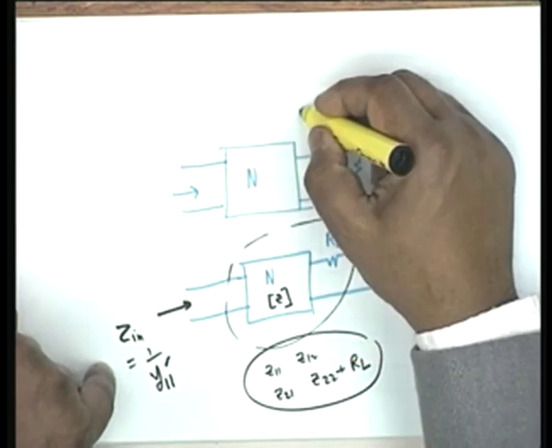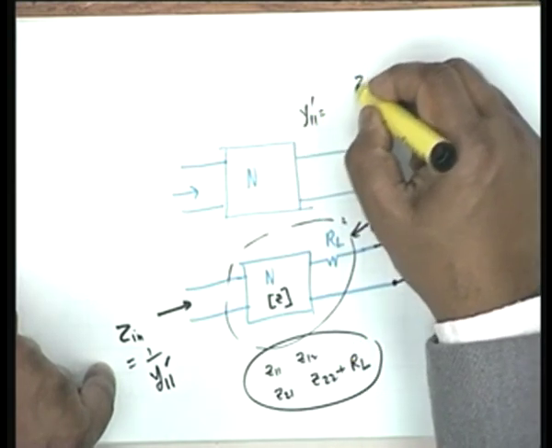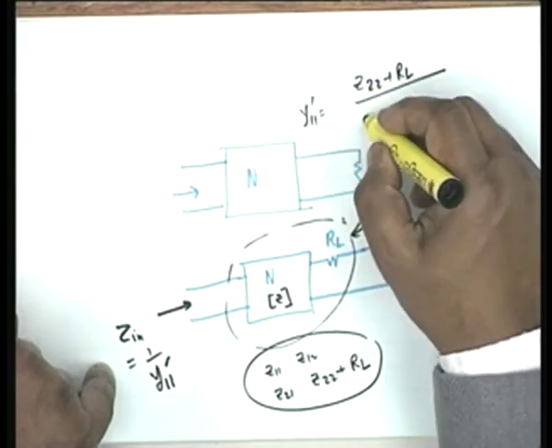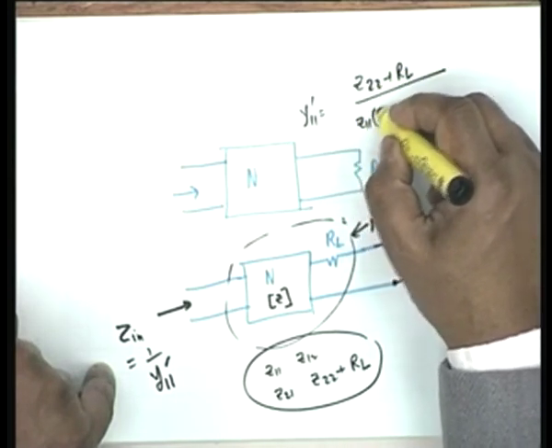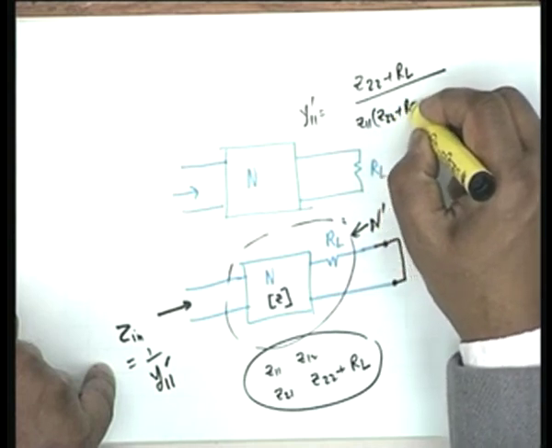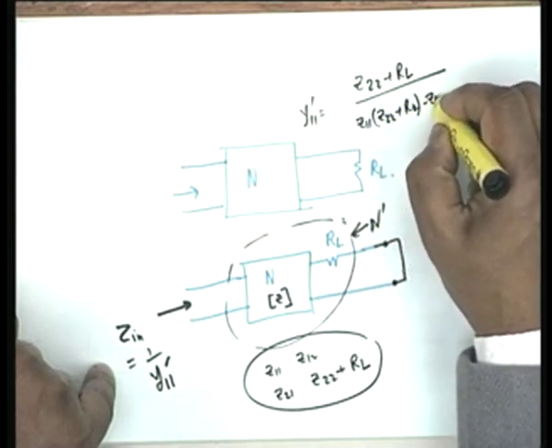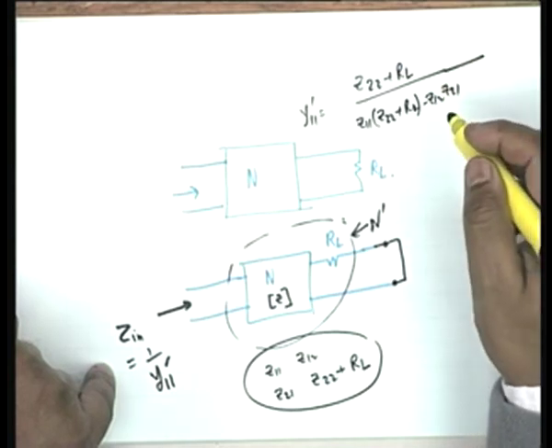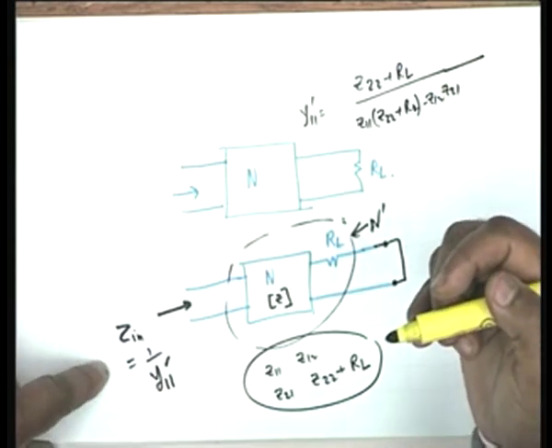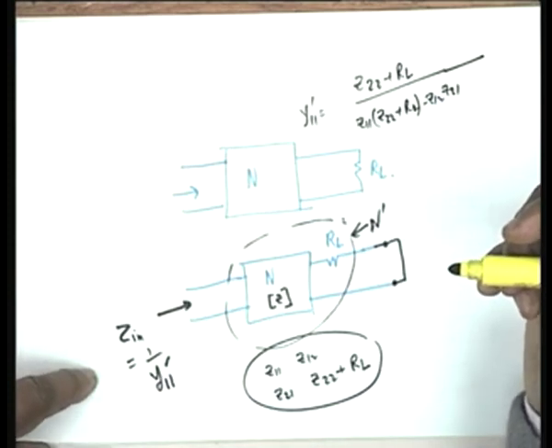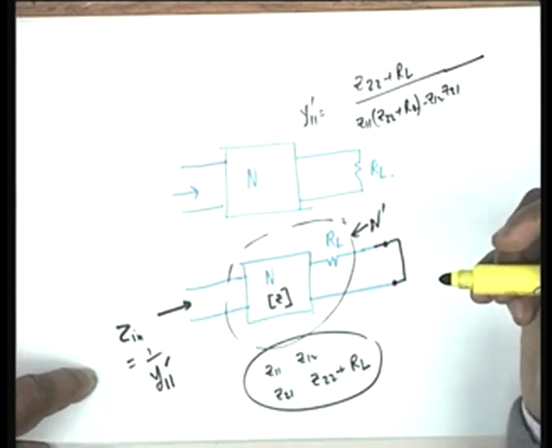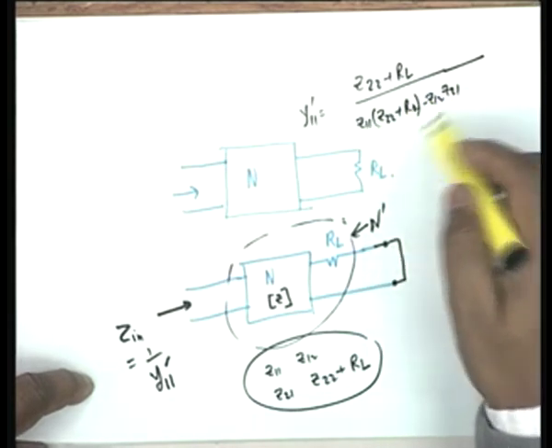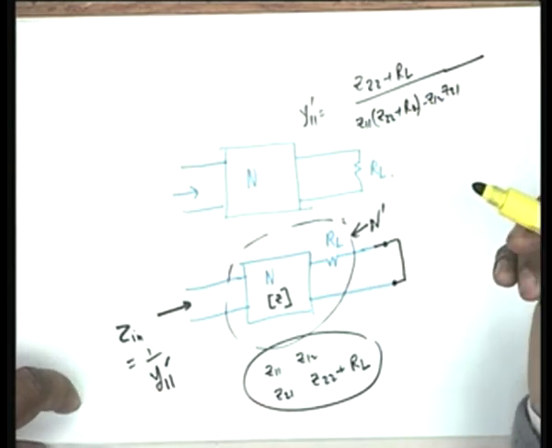What would be Y11 prime? This will be Z22 plus RL divided by determinant Z, that is Z11 times Z22 plus RL minus Z12 Z21. Isn't that all? Agree? Y11 prime would be Z22 plus RL divided by determinant of Z. Okay.